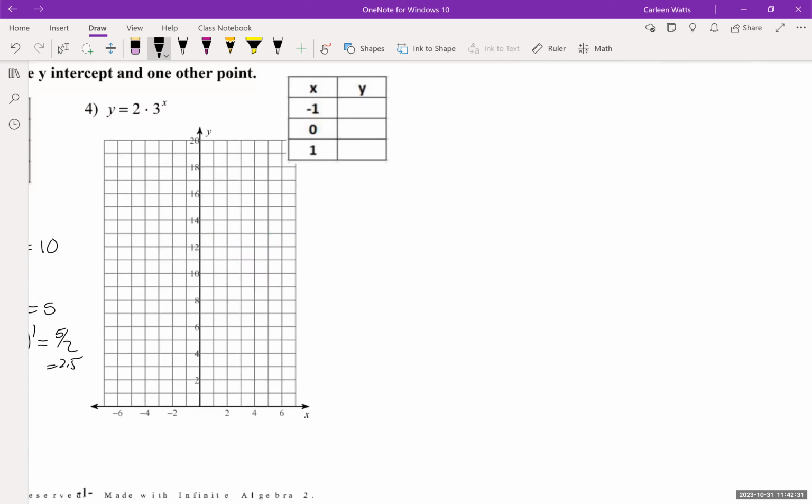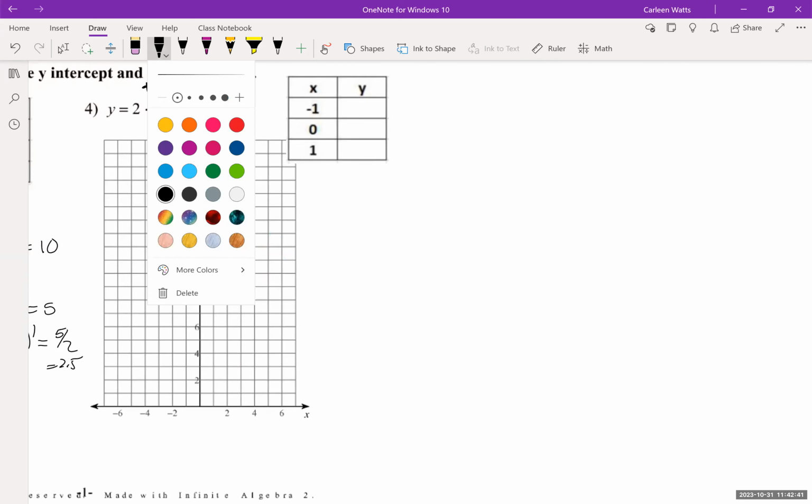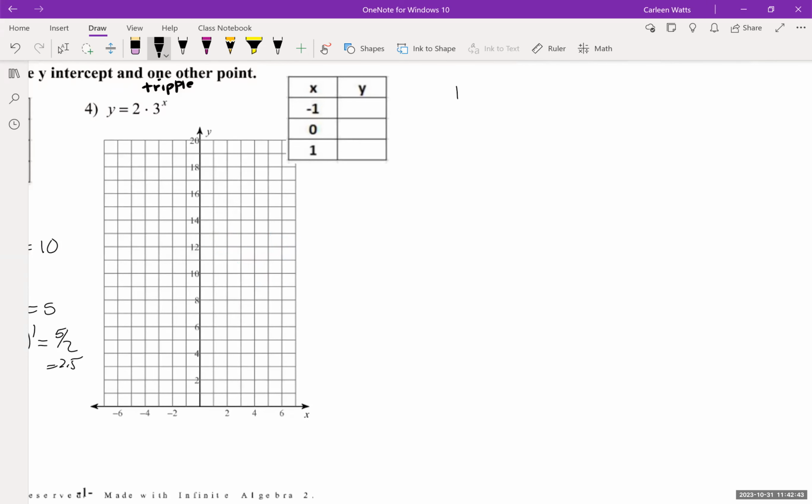Notice this function will triple. So parent. Because the base is a whole number greater than 1, it is an airplane taking off.